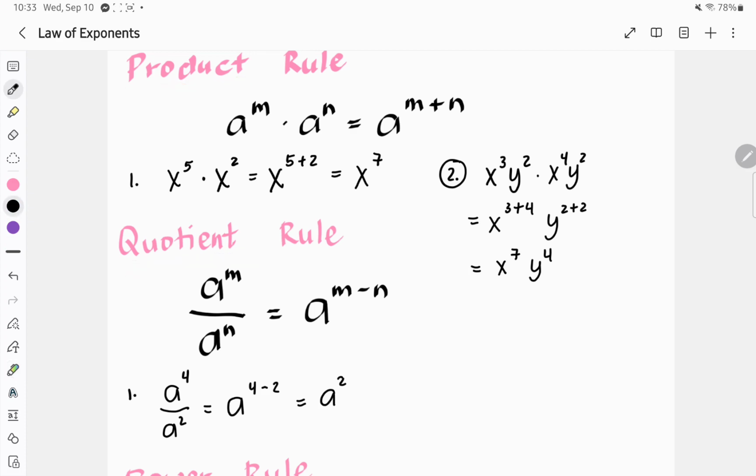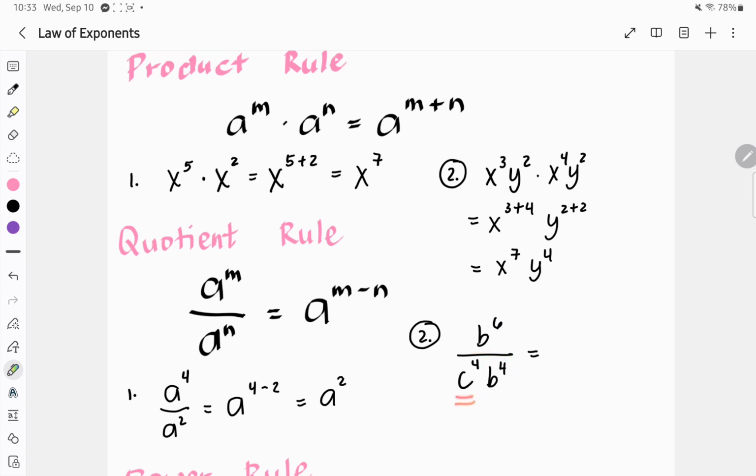Let's have another example for this one. Let's say you have b raised to 6 over c raised to 4 times b raised to 4. If you notice, only two of these have the same base.